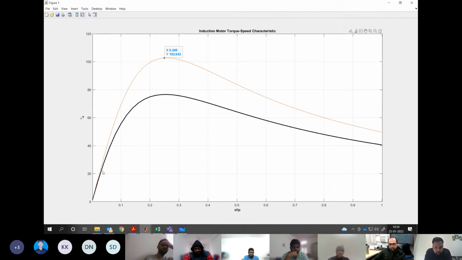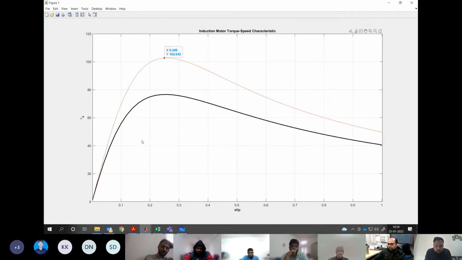There, these two characteristics are very close. So whenever you are doing any computation, even for a small power motor, the actual torque, the highest or peak torque, may be a little far from what you get from the approximate circuit. But if the analysis is done for low slip operations, this is still valid.